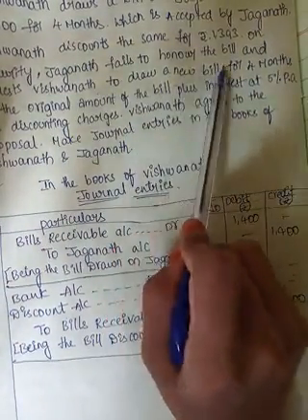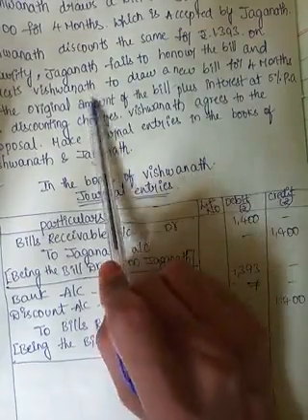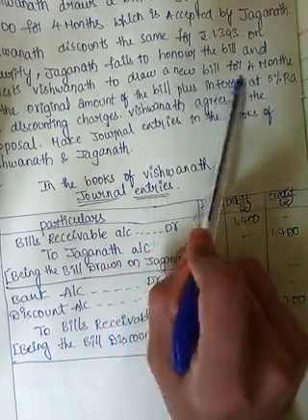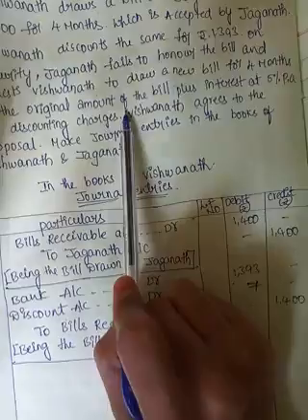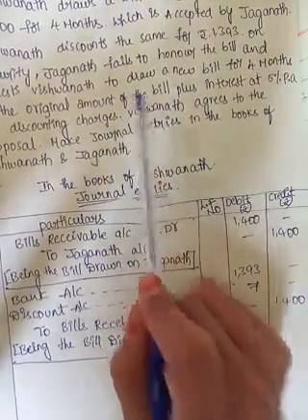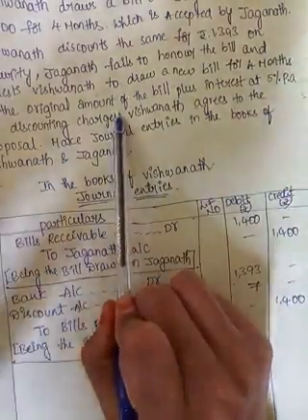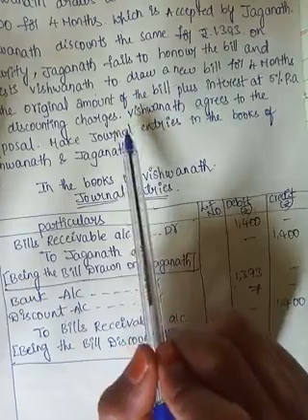Jagannath failed to honor the bill and requests Vishwanath to draw a new bill for 4 months for the original amount of the bill. He cancelled the old bill and drew the new bill.